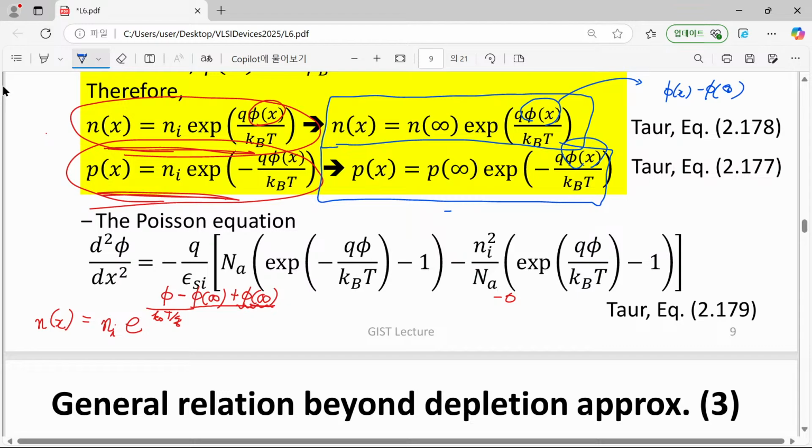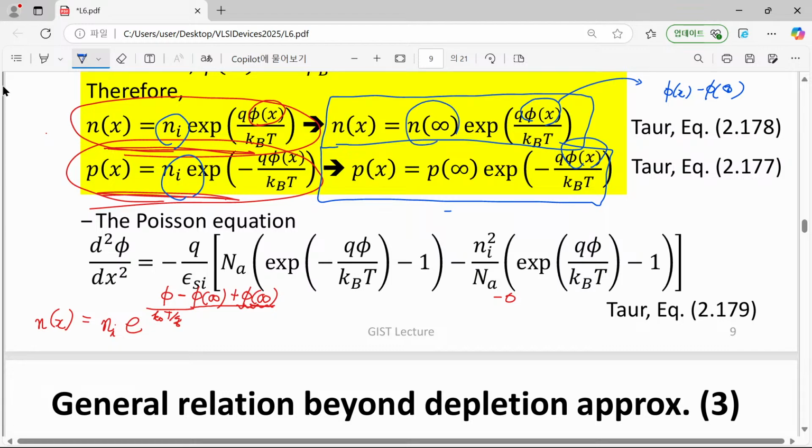So sorry about that, but you have to follow this one. Then please make a comparison between this red colored one and blue colored one. In red colored expressions, we have the balanced leading coefficients Ni and Ni for holes and electrons. Both of them have just 10 to the 10 per cubic centimeter.